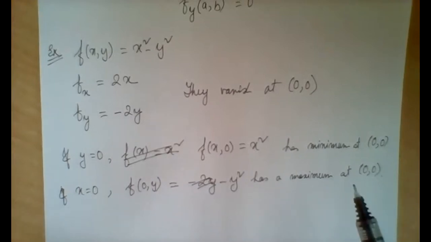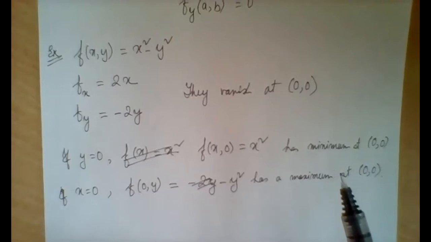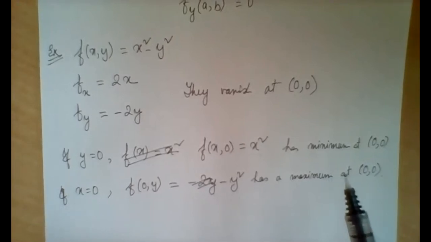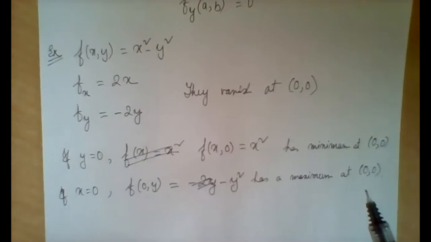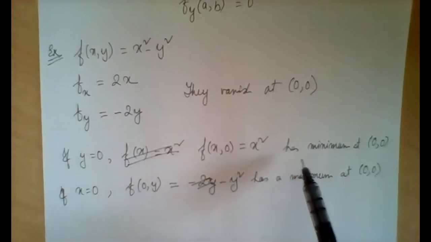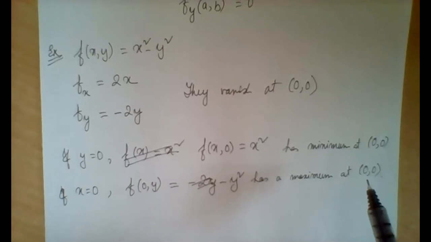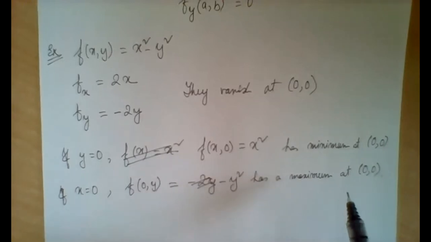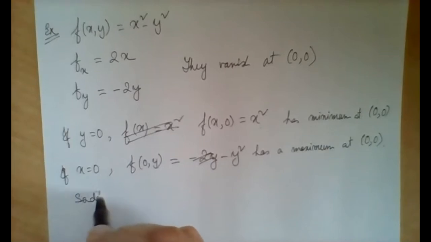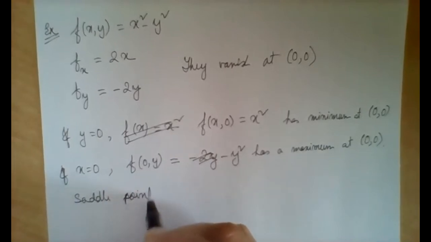But here, in the x direction the origin is a minimum, and in the y direction the origin is a maximum. So this point is neither a local maxima nor a local minima. This point is called a saddle point. Saddle point, spelled S-A-D-D-L-E.